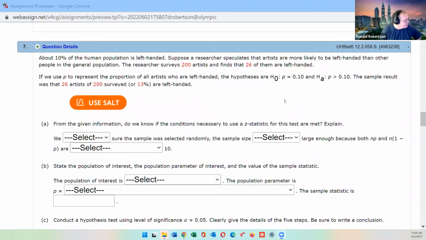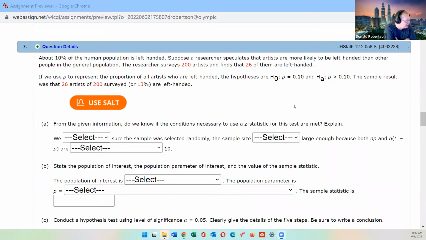So here is our first one. About 10% of the human population is left-handed. Suppose a researcher speculates that artists are more likely to be left-handed than other people in the general population. So he collects 200 artists and finds out that 26 of them are left-handed.